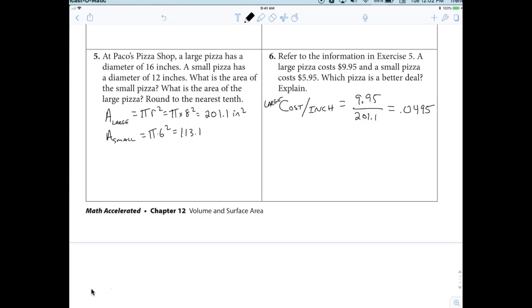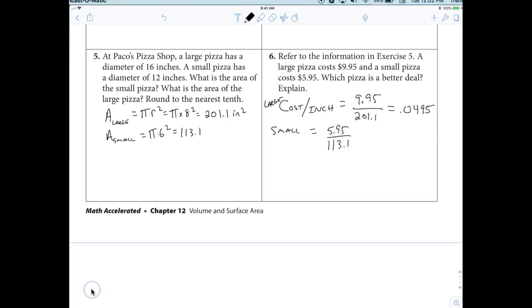So the cost for the small is equal to 5.95 divided by 113.1. Somebody tell me what that worked out to be. 0.05.